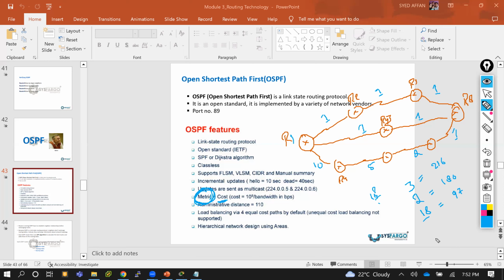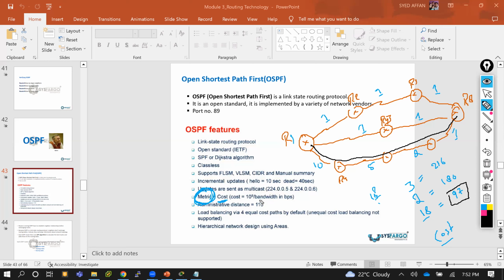This value is the cost. Cost is equal to 216, cost is equal to 180, cost is equal to 97. Which is the lowest number here? 97 is the lowest number, so that is my best path. Who is 97? Via router 4. So it will select this as my best path. It will not look at how many routers or hops are in between. Always I look at my metric, which is cost.